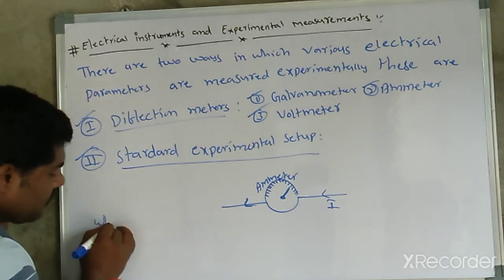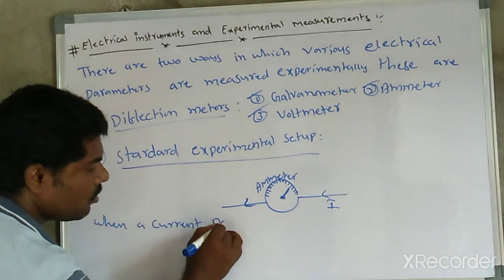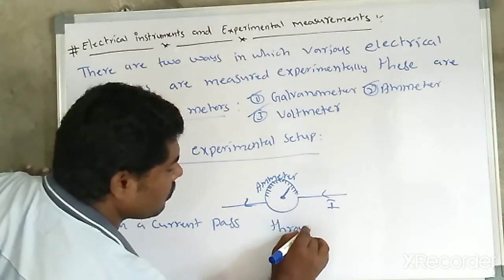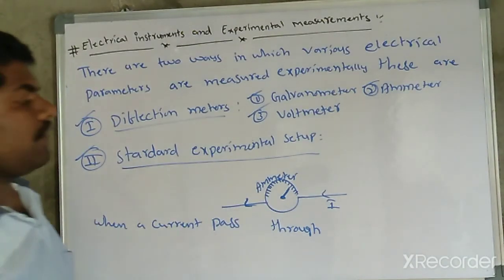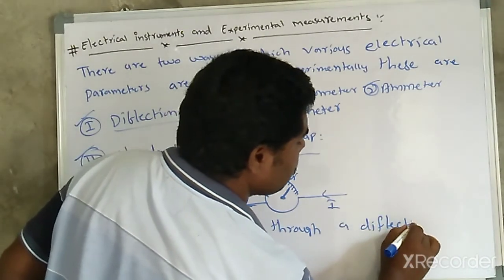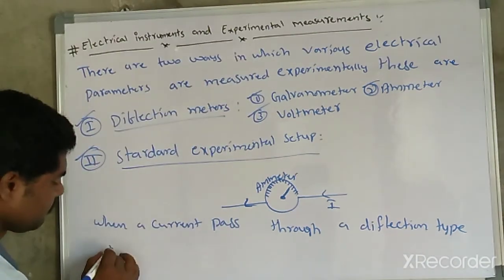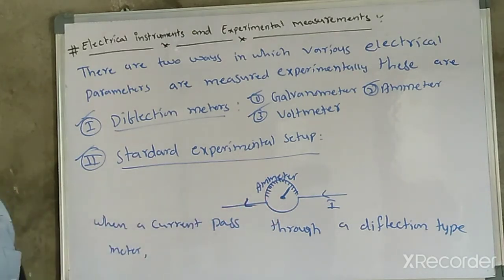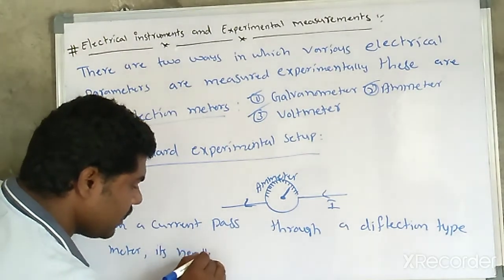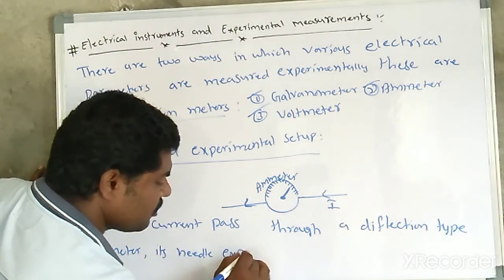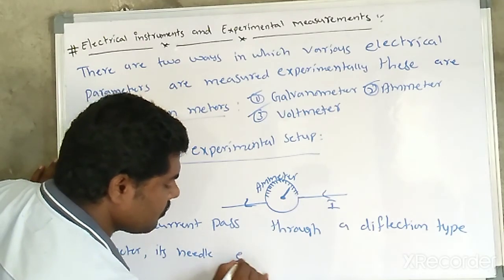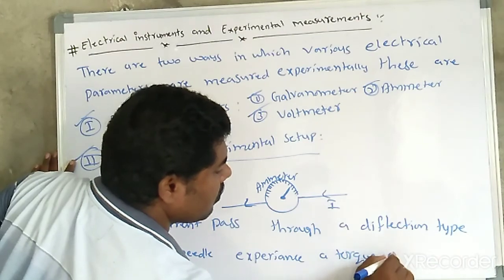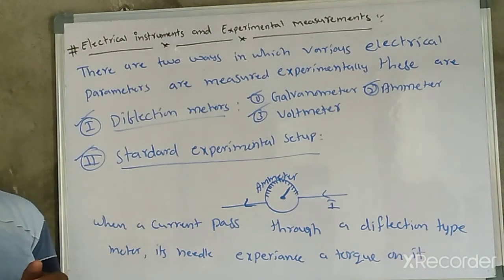So when a current passes through a deflection type meter, this needle experiences some torque on it.